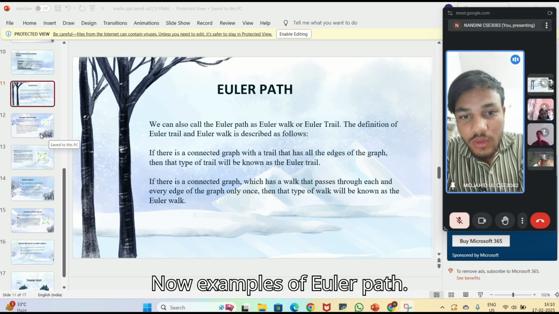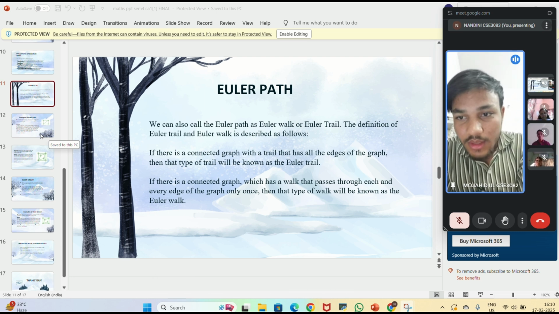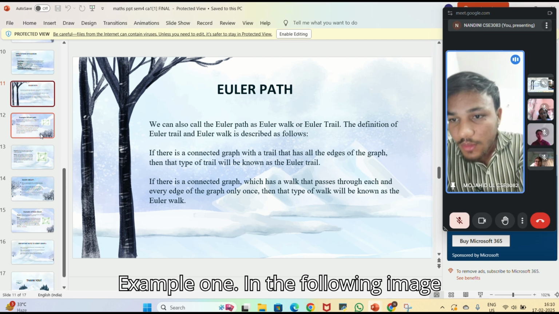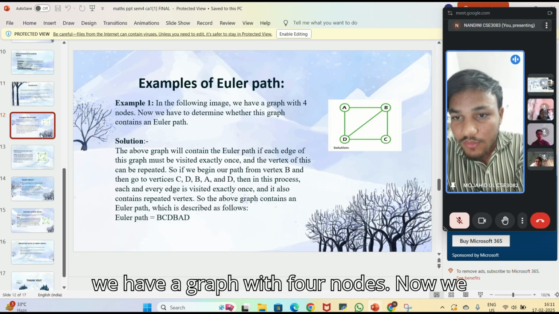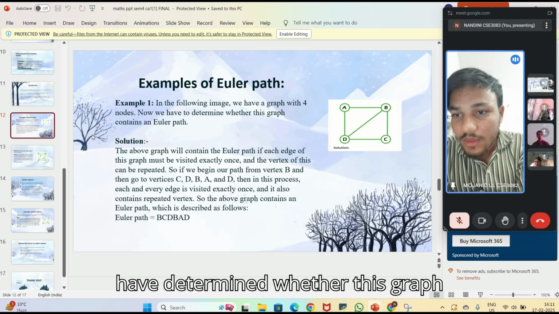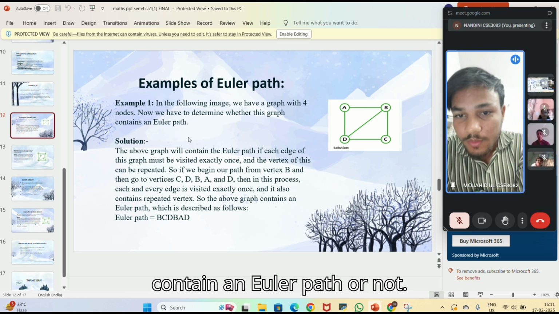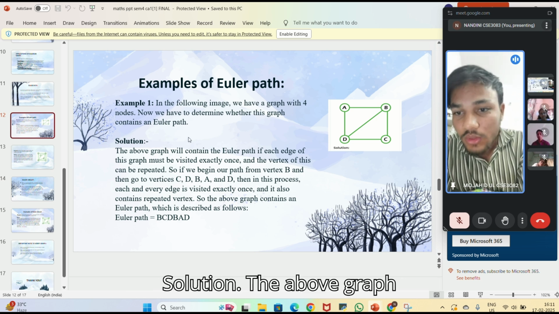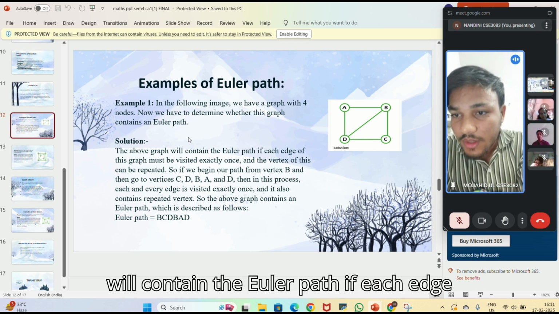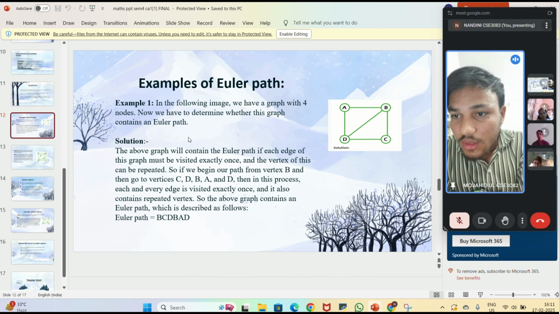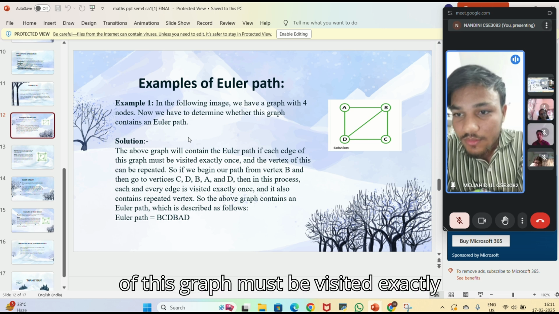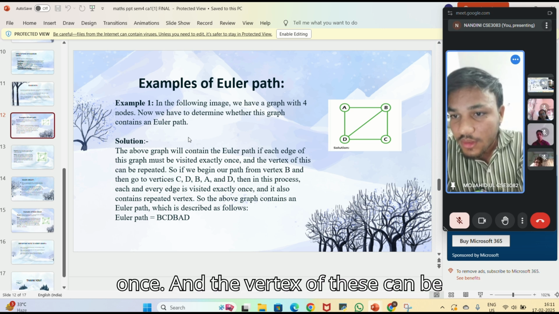Now examples of Euler path. Example 1. In the following image, we have a graph with 4 nodes. Now we have to determine whether this graph contains an Euler path or not. Solution. The above graph will contain the Euler path if each edge of this graph is visited exactly once, and the vertices can be repeated.